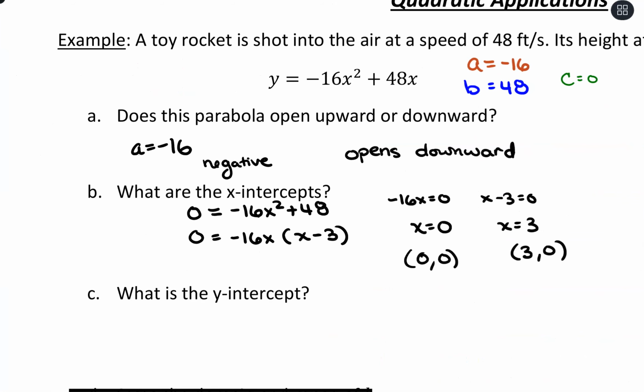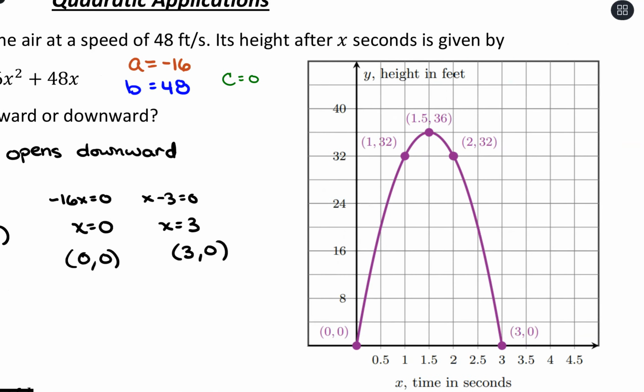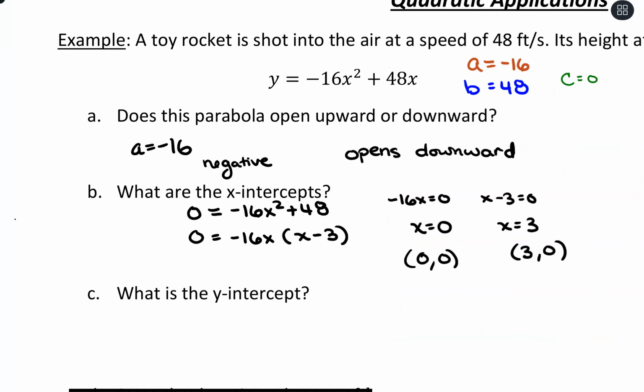So let's talk about what that means in context though. What are those two coordinates showing me? Well, what they have shared is when there is a height of 0. So for both of those cases, this is where height equals 0 feet. Or you could think of this as ground level.